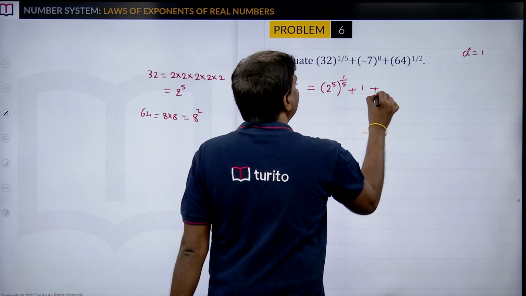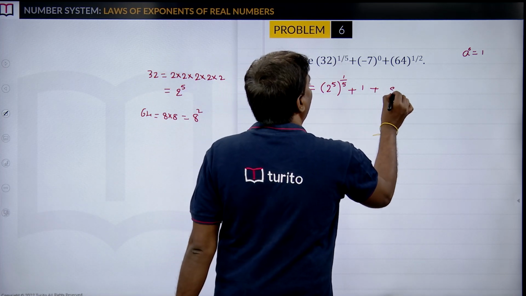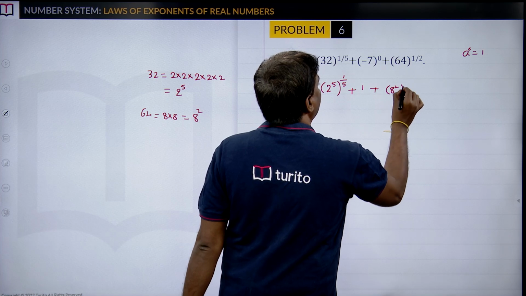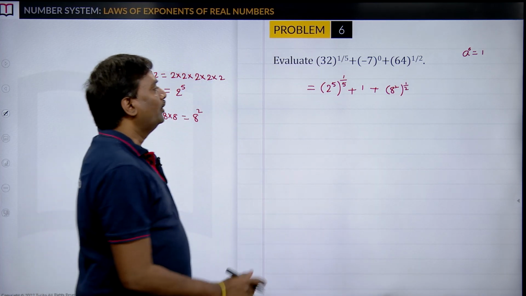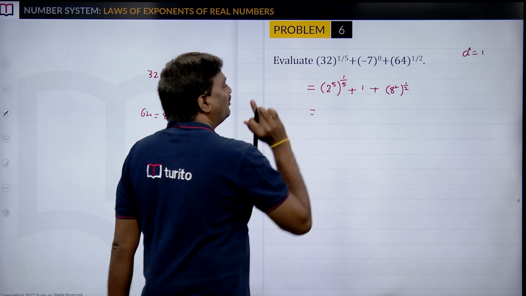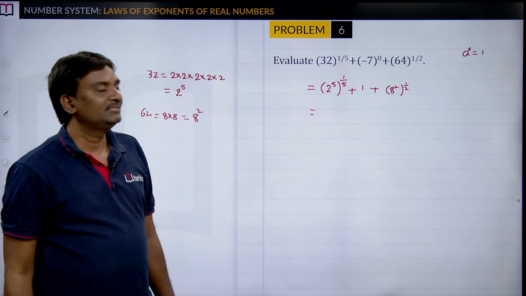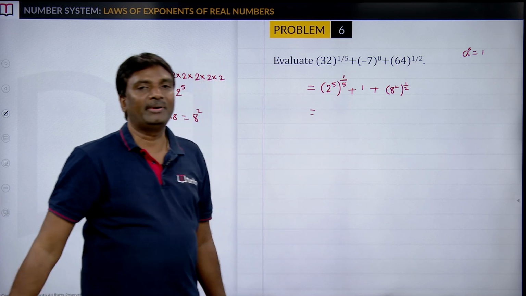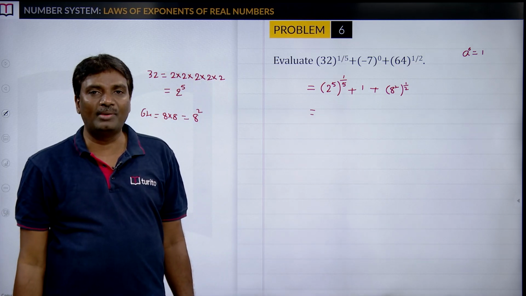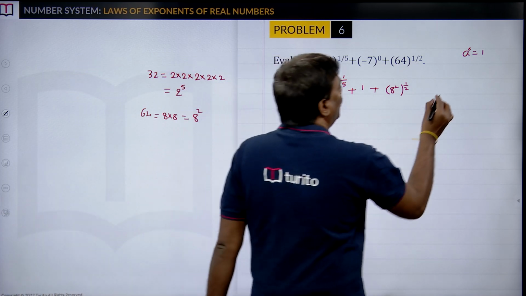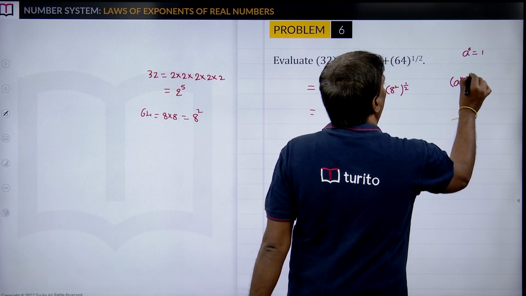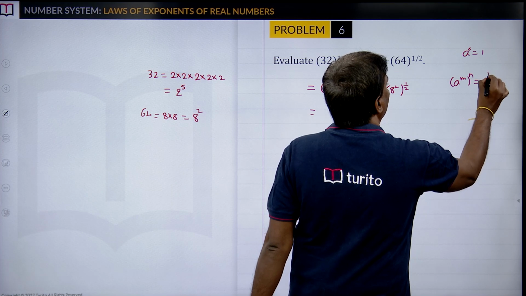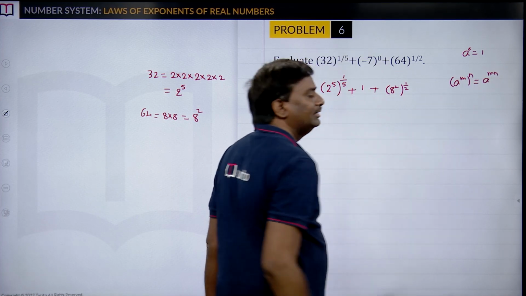In place of 64, writing 8 square, power 1 by 2. Now 2 power 5 power 1 by 5 and 8 square power 1 by 2 are both in the form of a power m whole power n, and a power m whole power n equal to a power mn.